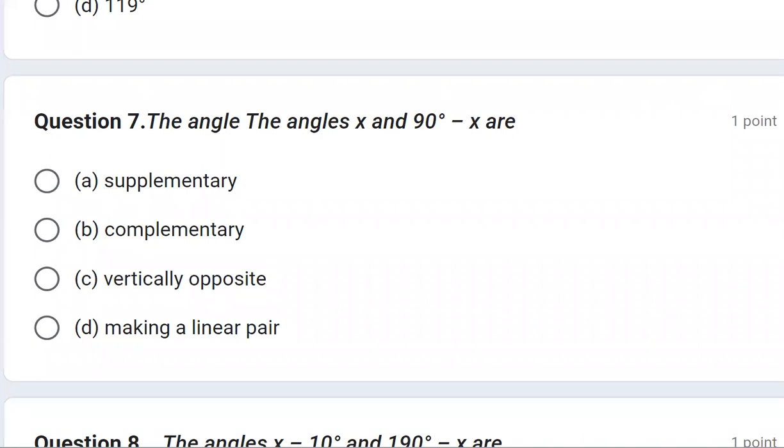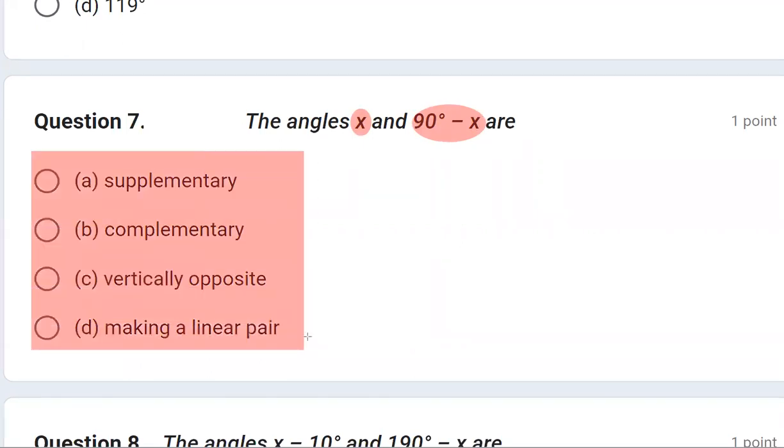Here in this question, we have to find what kind of angles these are. The angles this and this. One angle is x and the other is 90 minus x. We have to find whether they are supplementary, complementary, vertically opposite angles, or making a linear pair.